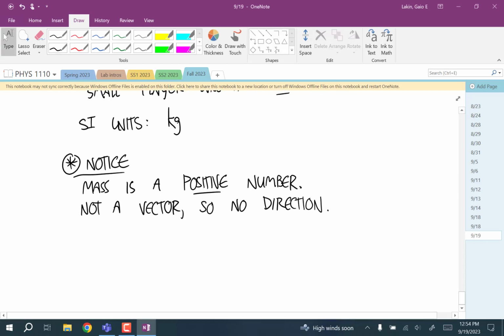Also, I'm not going to write this down. We'll talk about this later on. But since this is a positive number, what would happen if you multiply the mass of something by a vector? You'd get a vector in the same direction, because of what multiplication of vectors by numbers does. Okay, so that's going to be an important thing later on.